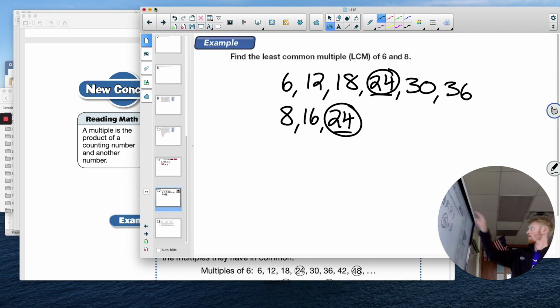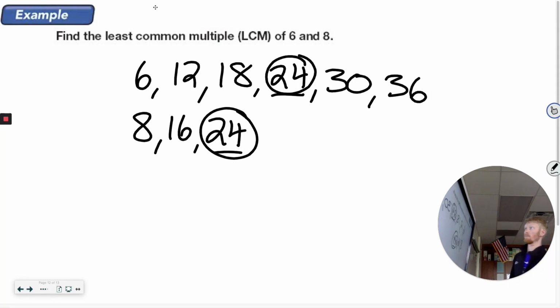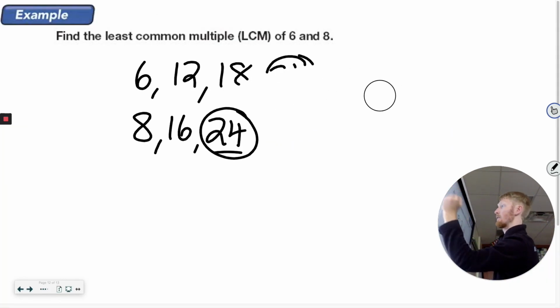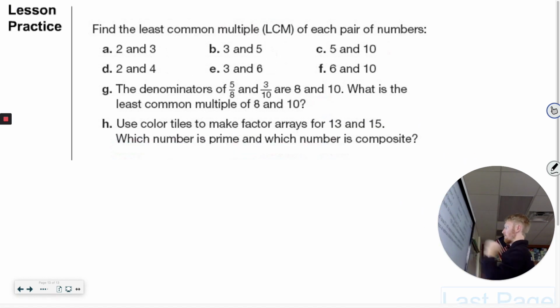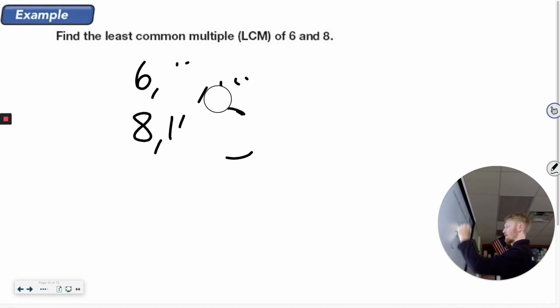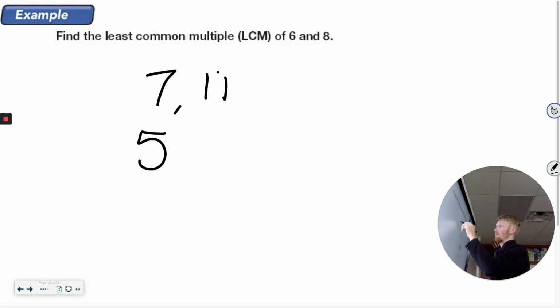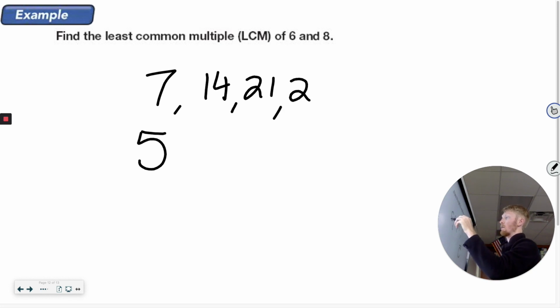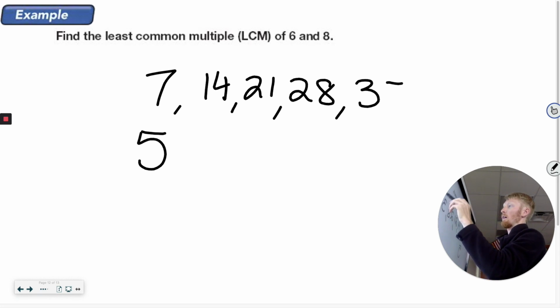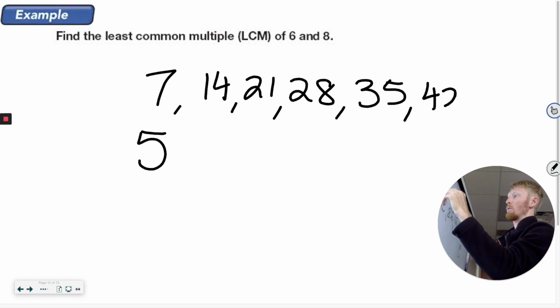Instead of 6 and 8, let's try 7 and 5. So if I listed it out, I have 7, 14, 21, 28, 35, 42.